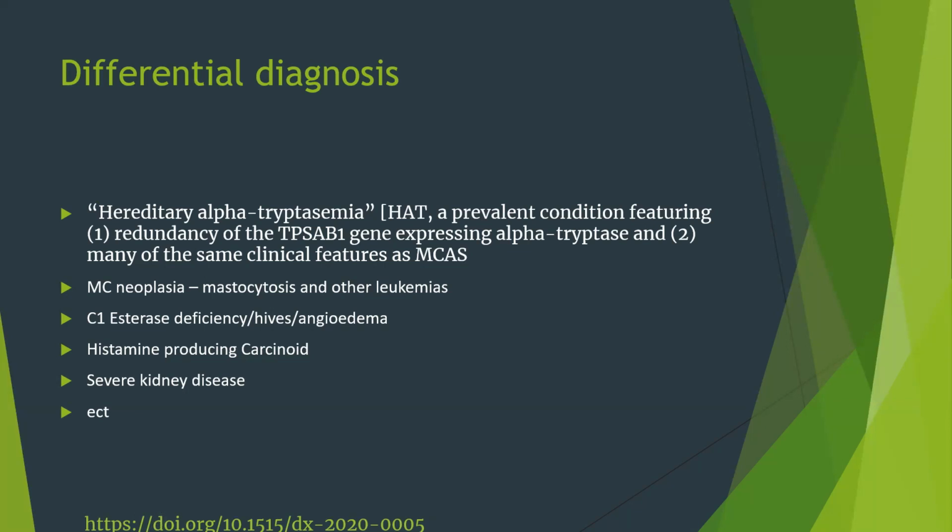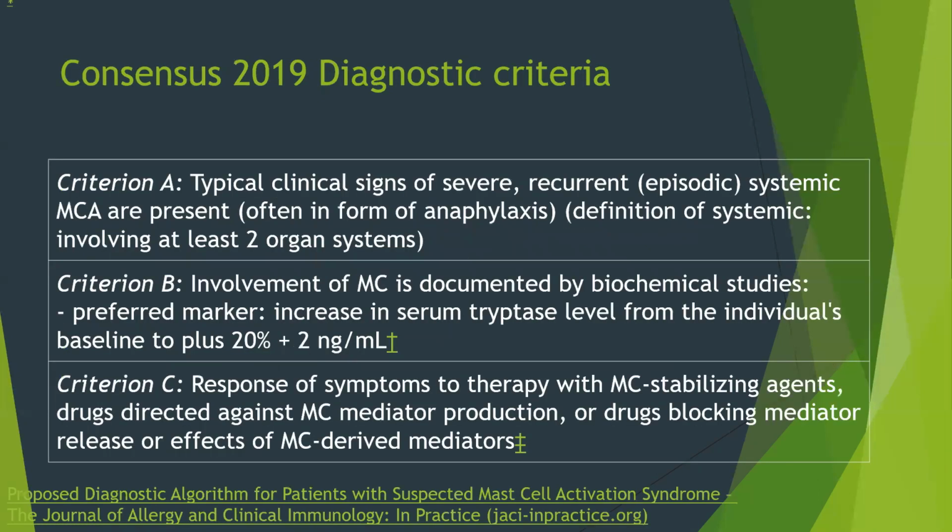Then C1 esterase deficiency as a cause of hives or angioedema. There could be histamine-producing carcinoid, which is a different version of tumors, and severe kidney disease. There are many other conditions that can look like portions of MCAS, but in order to say that it's MCAS, you have to have criteria.